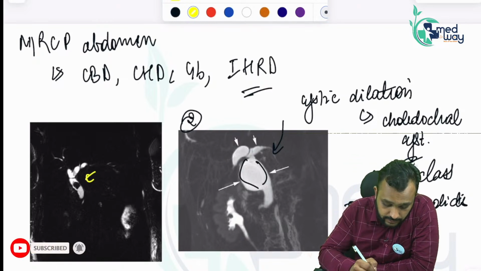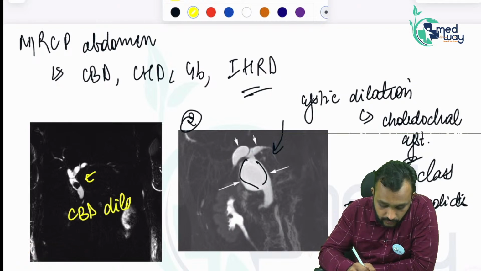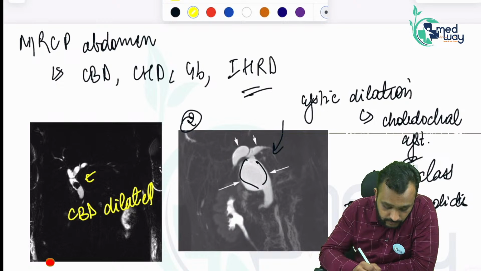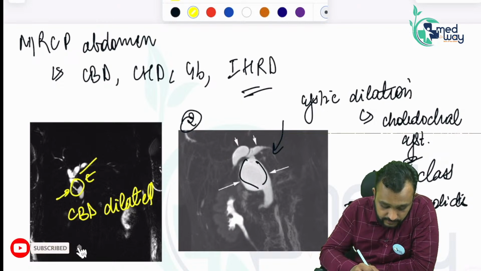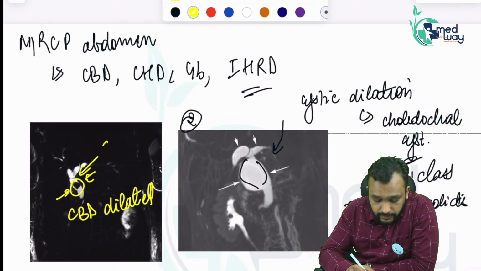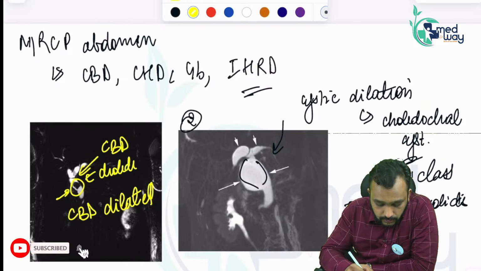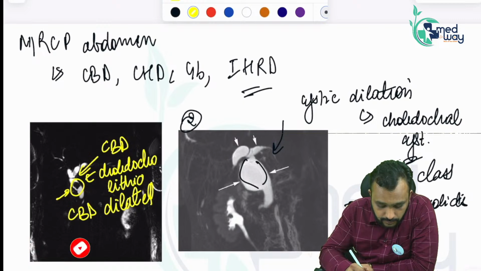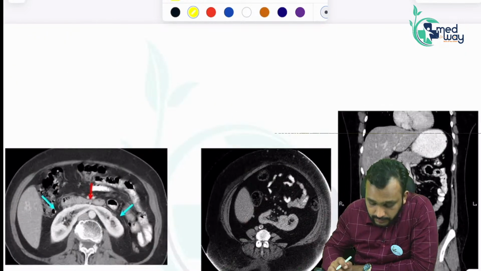So here in this image you can see that CBD is dilated, and along with dilated CBD you can see that there is a hypointense filling defect within the CBD. So calculus is seen within the CBD. This is your CBD stone. This is the case of choledocholithiasis, right?